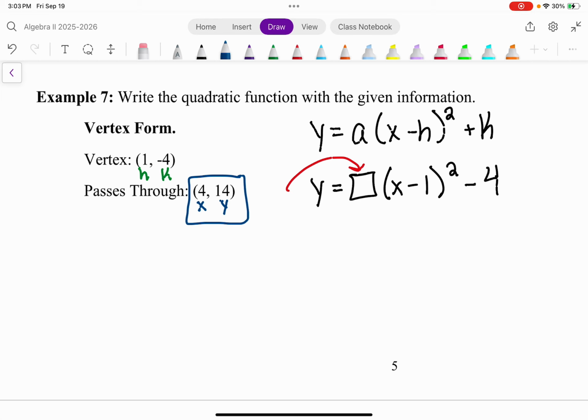So to solve for a, we are going to rewrite this equation again, but instead of x and y, we're going to put the 4 and the 14. And we need to figure out what a equals. So x was 4, and we plugged in the y. Once you plug that in, you have one variable you need to solve for, a.